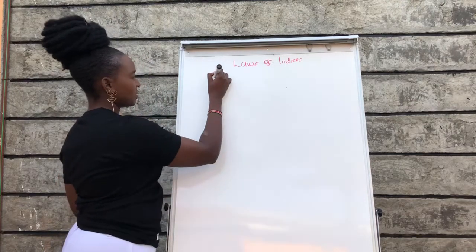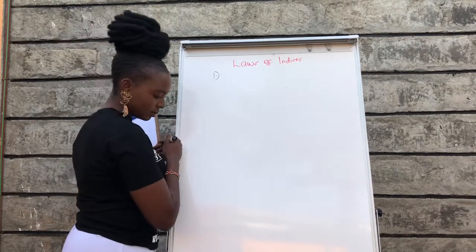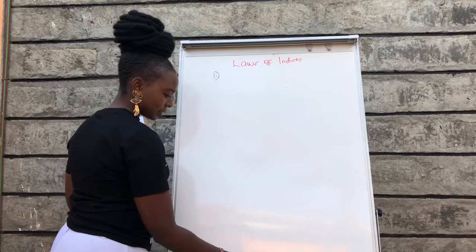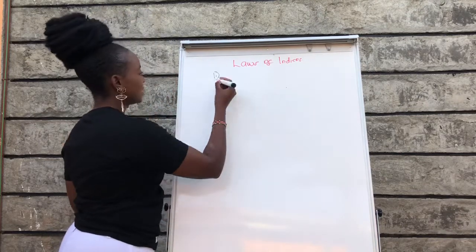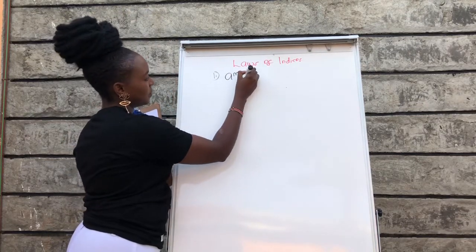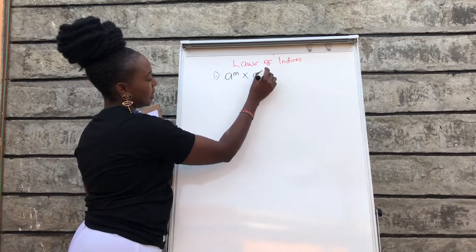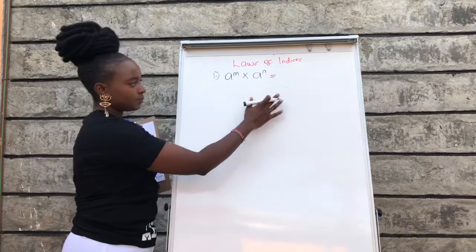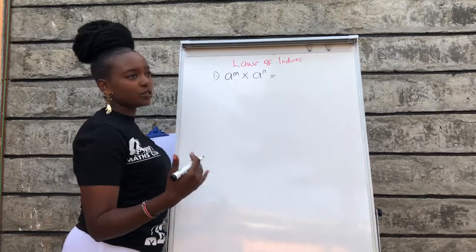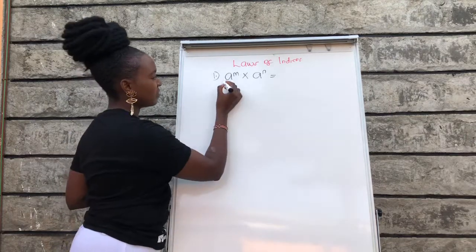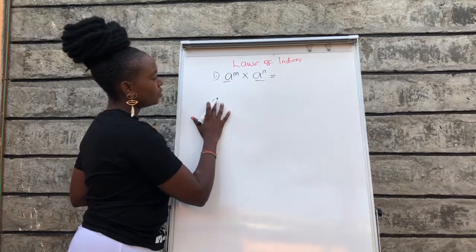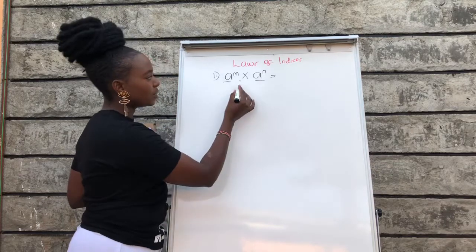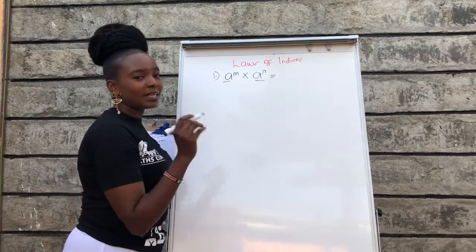So we see the first one, a^m times a^n. Remember, when you've been given the same base and it's a multiplication sign, you add the powers.